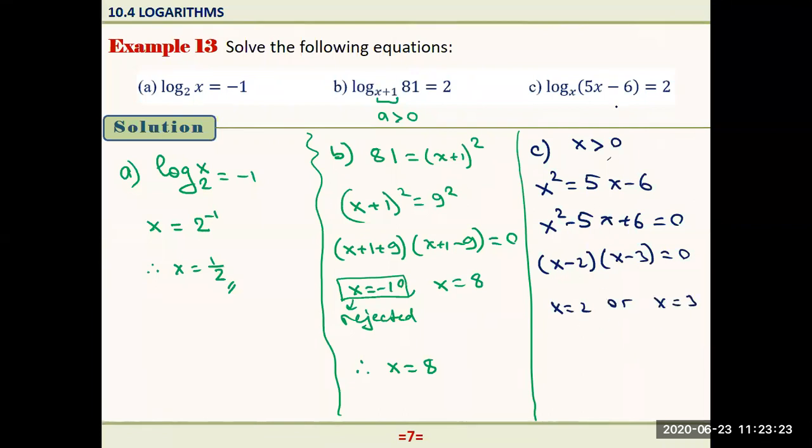When x is 2, 10 minus 6, here we have 2 positive. When x equals 3, it also works here, no problem, right? So the values of x are x equals 2 or x equals 3. That is the solution of the given logarithmic equation.